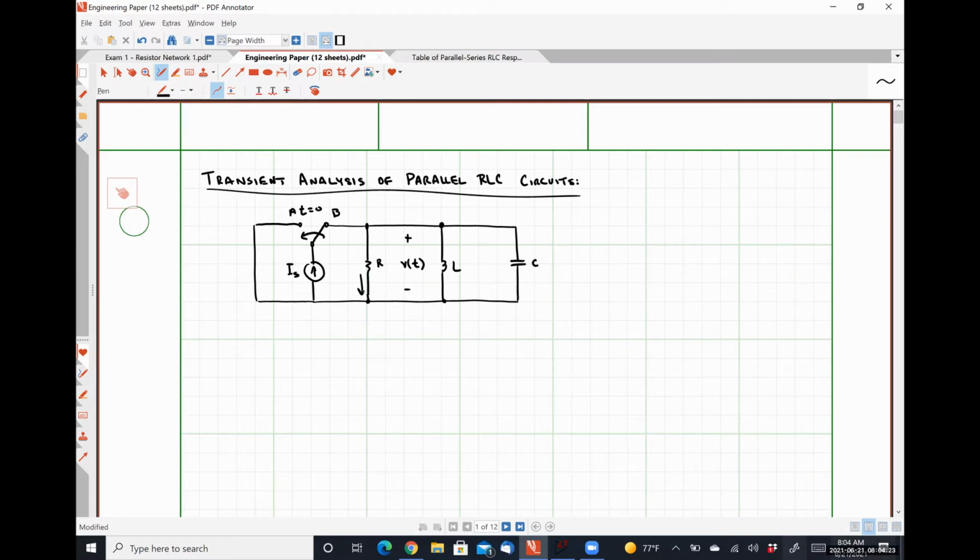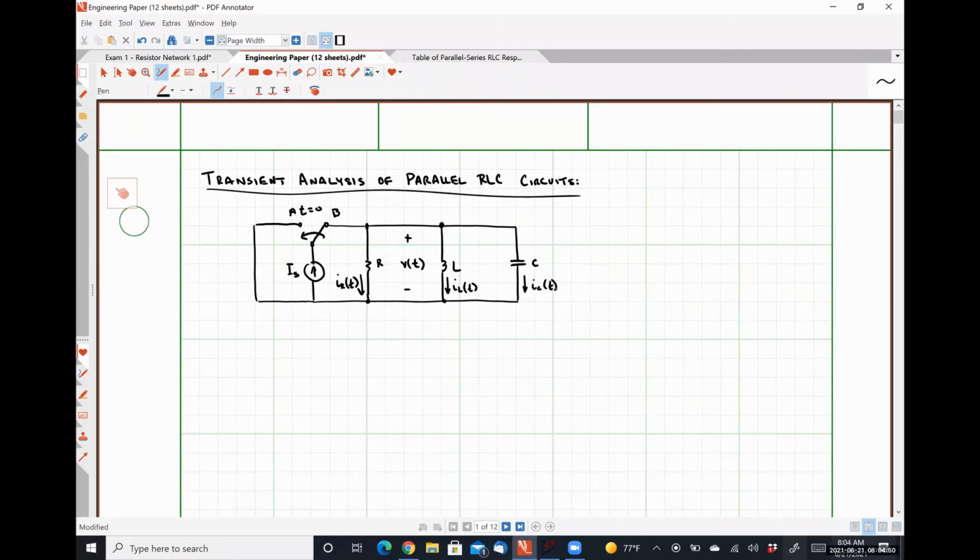And I'm going to define my element currents as IR of t, IL of t, and IC of t.